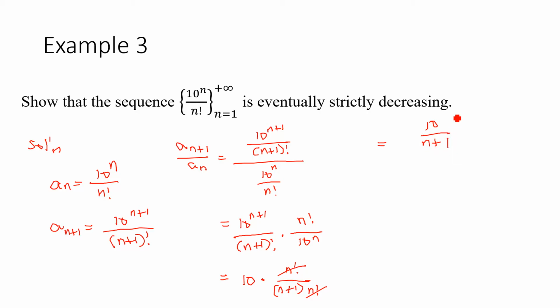So if our n is greater than 10, because there would be a factor of 10 within the n factorial. Take note, if n is 1, then you have 1 factorial. If n is 2, then 2 factorial, and so on.